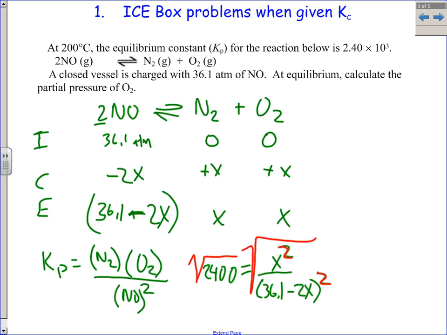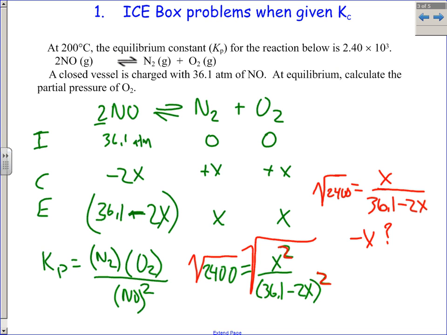So to simplify this problem, the square root of 2400 is going to equal x over 36.1 minus 2x. Now at this point, I can much more easily solve for x without having to go through the quadratic equation. So look for squared on top and squared on bottom situations. We can simplify the math and avoid the quadratic. Now, in this particular case, we would then solve for x.